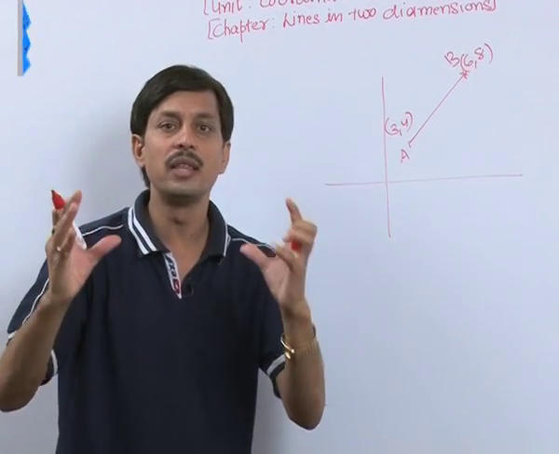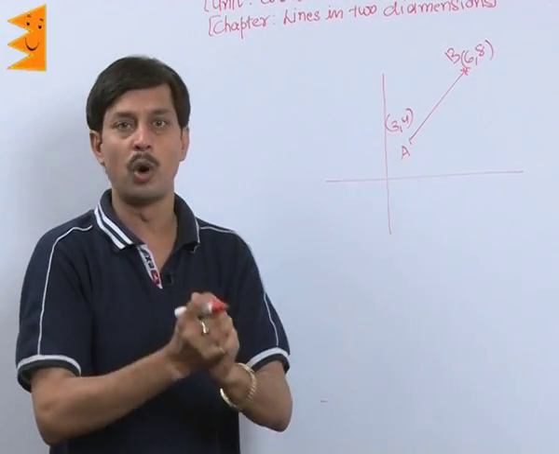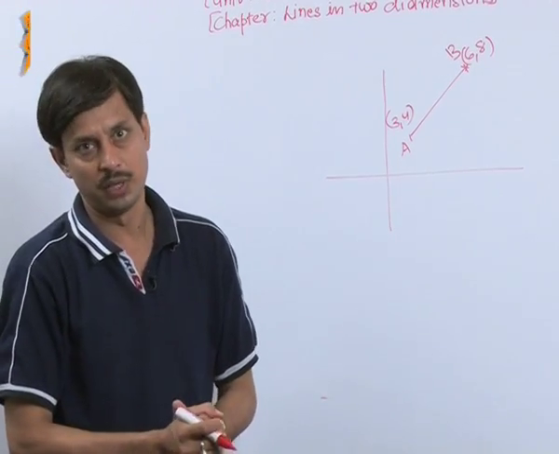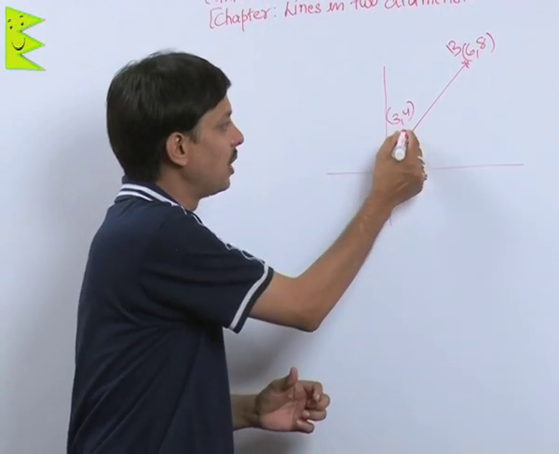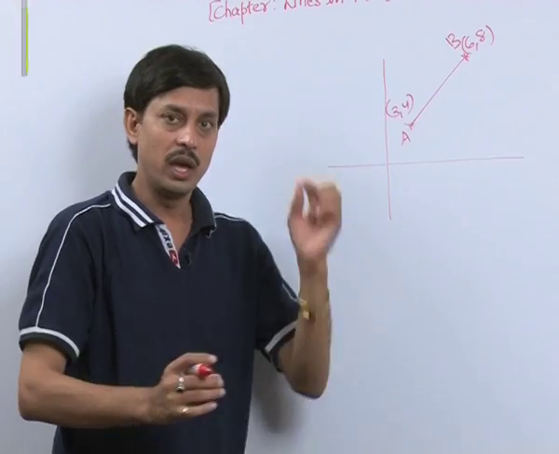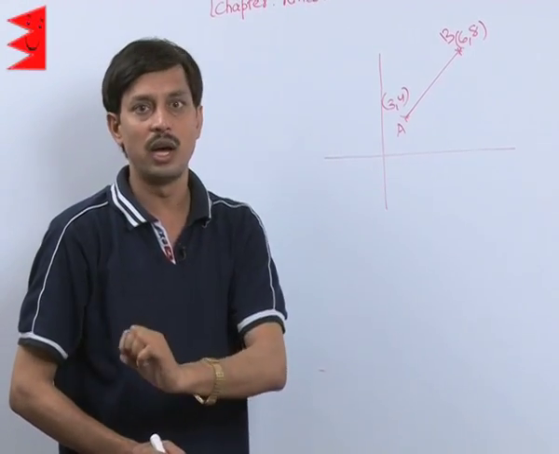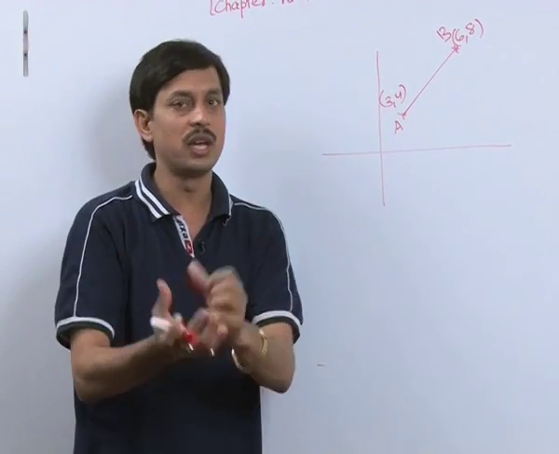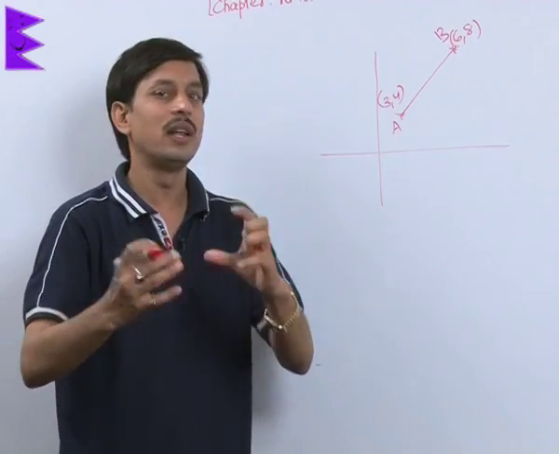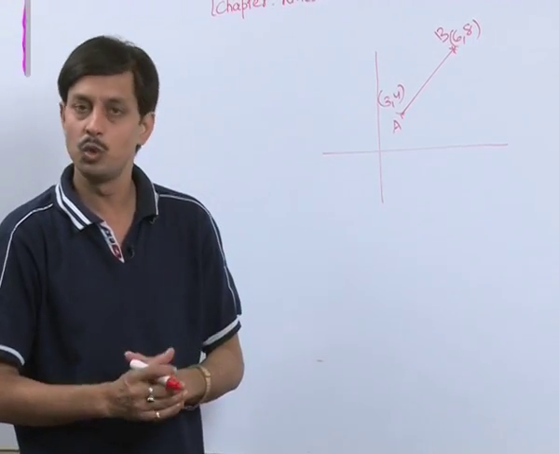How will we find the distance between these 2 points? This is the important question. This is the application of the distance formula. In using the distance formula, one of the situations is taken as x1, y1 and the final situation is taken as x2, y2.